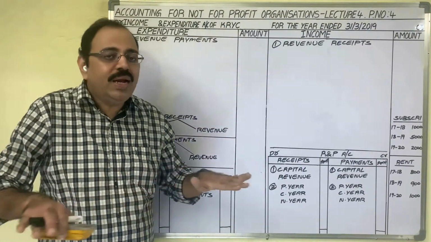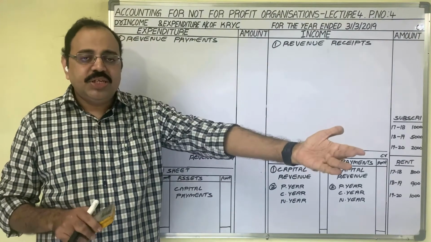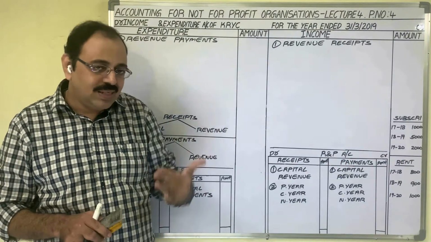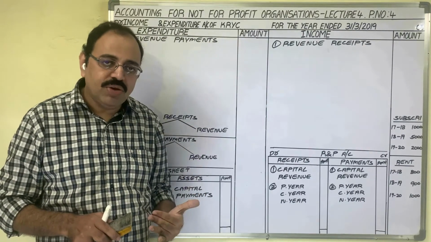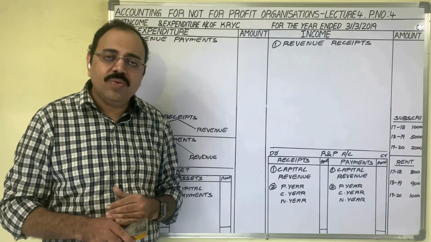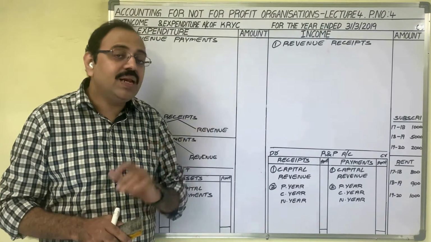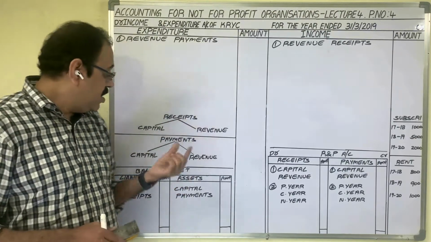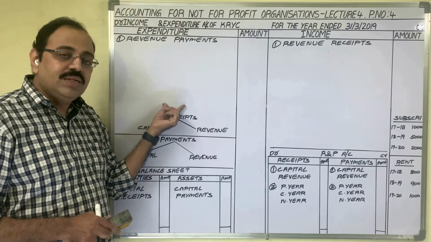The furniture is totally damaged. They sold this damaged asset and got 5,000 rupees. This is a receipt because cash is coming into the firm. Do they sell furniture regularly? No. This is also a rare receipt. So all non-recurring receipts are capital receipts.